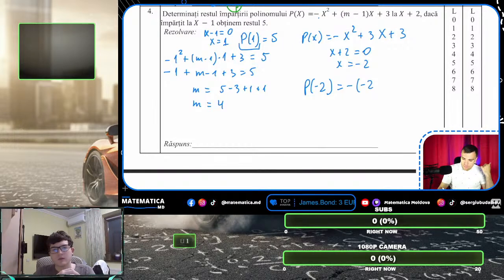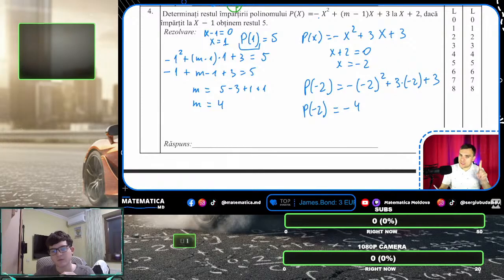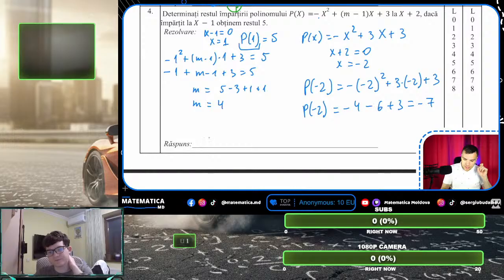Now in this case, minus is within the parentheses, so it's going to be minus 4 like that, because that's essentially 4, and that is 6 plus 3, so that will be minus 7. So the response is minus 7.